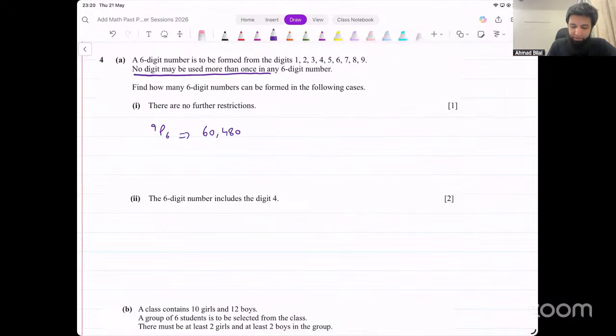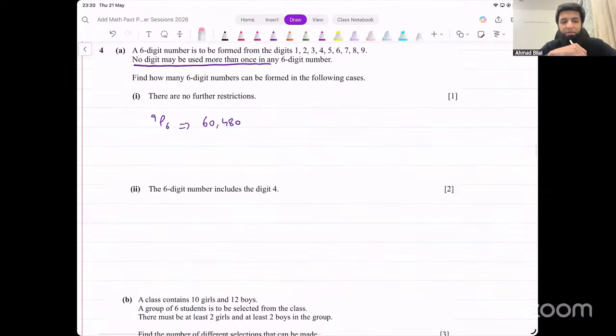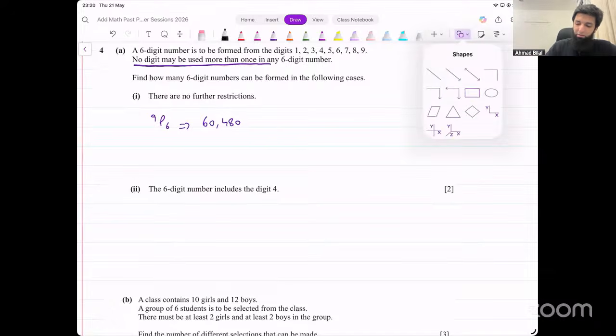Now they're saying the 6-digit number includes the digit 4. Okay, how do we think about this now? The 6-digit number, it has to include the digit 4. 4 has to be there. Now, let's think about it.